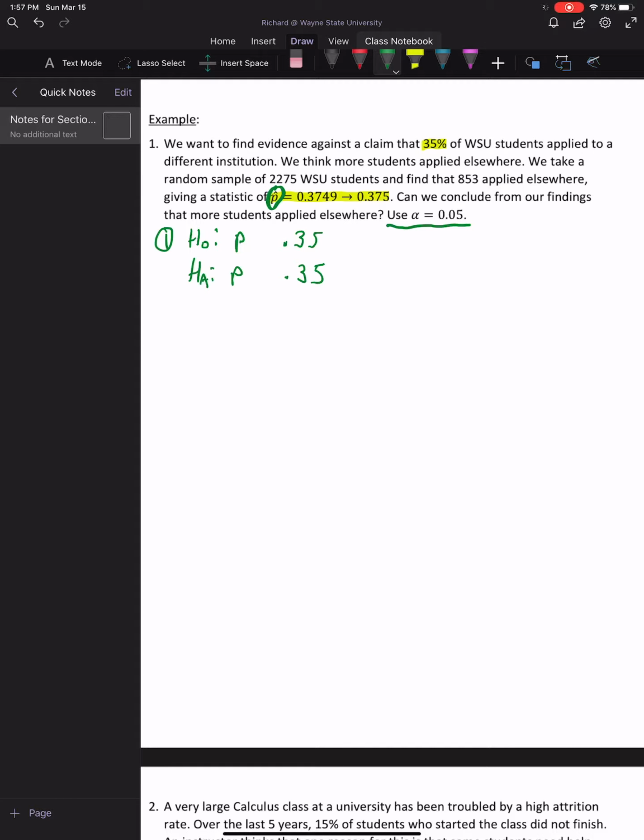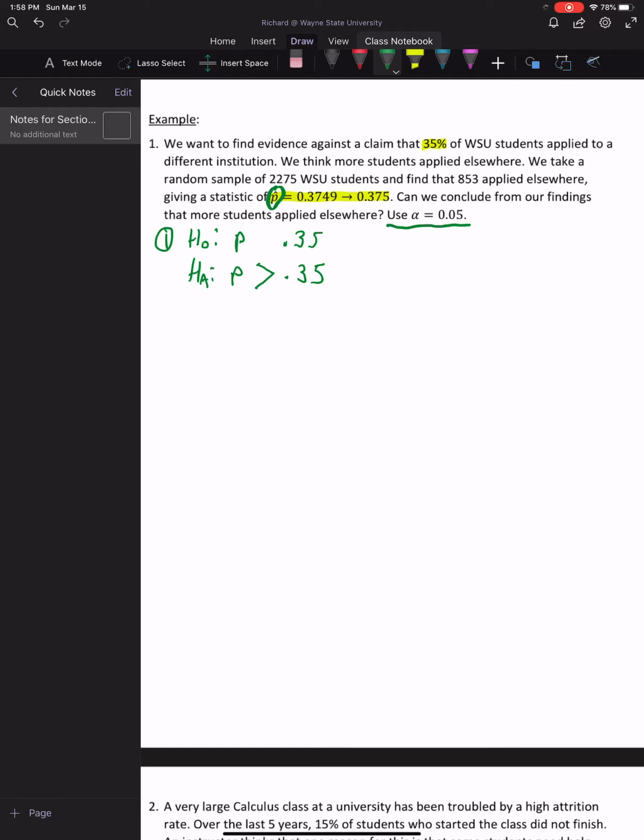Now the question is, what inequality do we use? Okay, and so what we have to ask ourselves is, well, what exactly are we being asked to find? So it says, can we conclude from our findings that more students applied elsewhere? And so what that means is we think that more students applied elsewhere. So in other words, that proportion is more than 0.35.